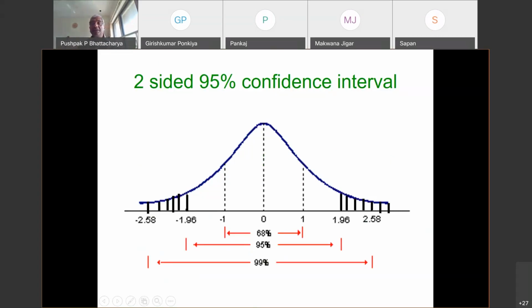Add these two areas. These two areas are 0.05. And leave out these two areas. The area from minus 1.96 to plus 1.96 is 0.95. Similarly, we get the 68% interval, which is minus 1 to plus 1, and the 99% interval, which is minus 2.58 to plus 2.58.